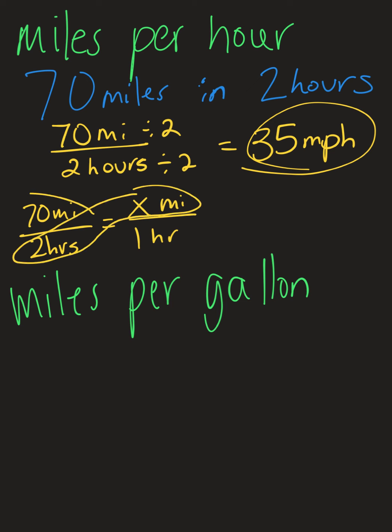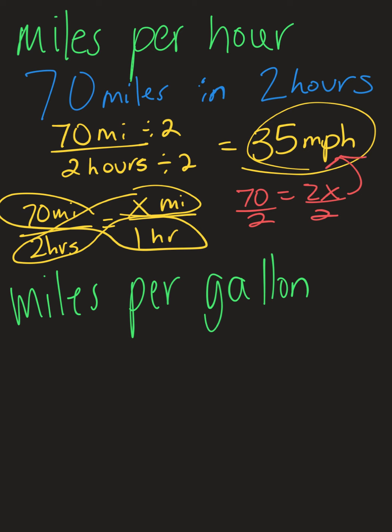Now, I don't encourage cross multiplication. I think it is very often extra steps that we don't need, but this will get you to the right answer, and it may be useful sometimes if you have a unit rate and you're trying to find an additional number, okay? So 70 times 1 equals 2 times x, and then we still end up dividing by 2 on both sides, and 70 divided by 2 is 35 miles per hour.